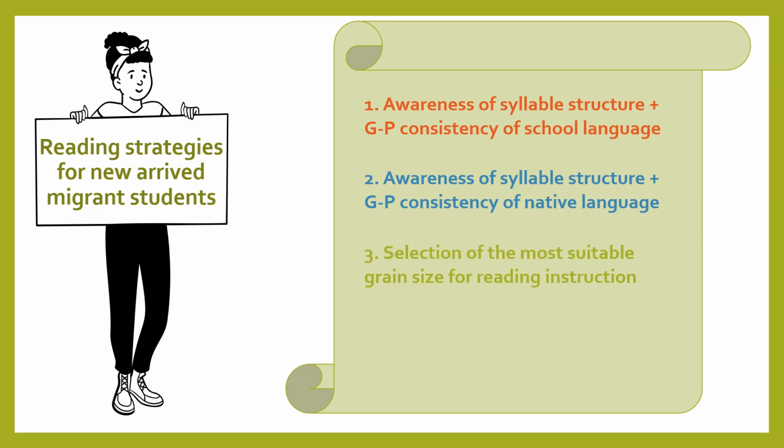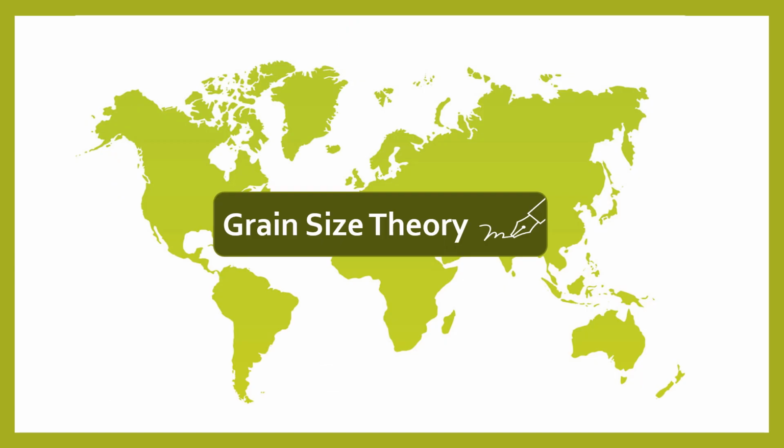When you are aware of the similarities and/or differences, it is possible to select the most suitable grain size for reading instruction, and you can start with a phonological awareness training. When teaching reading acquisition to students with a different mother tongue, it is important to take into account that the grain size varies. For more information, check the section about literacy at the EDINA webpage.